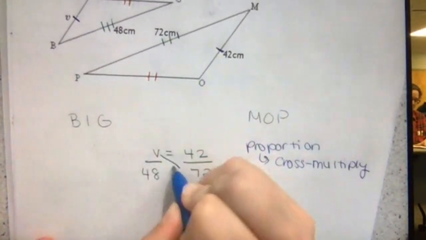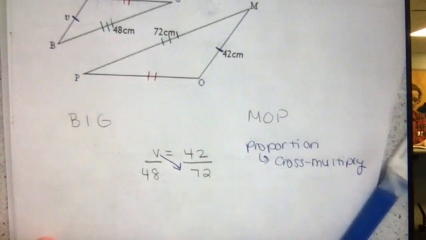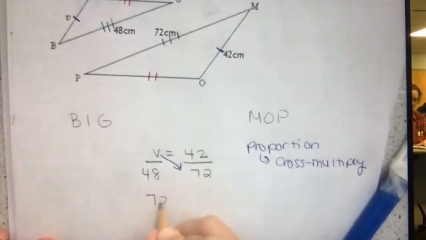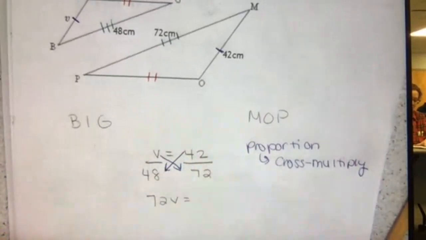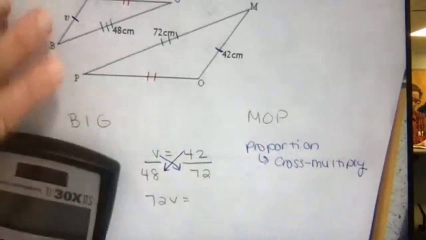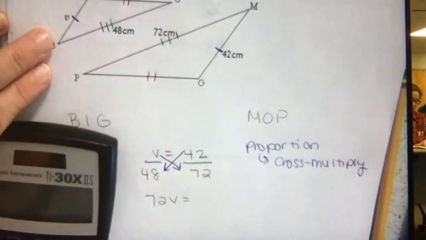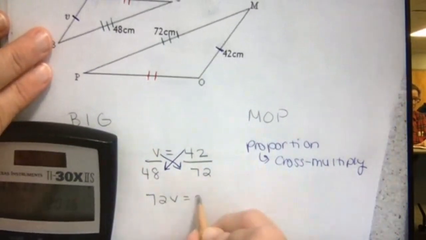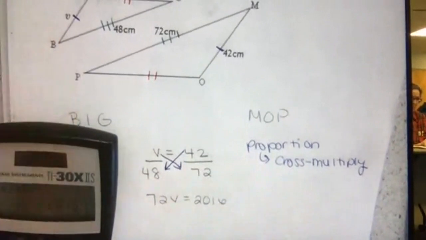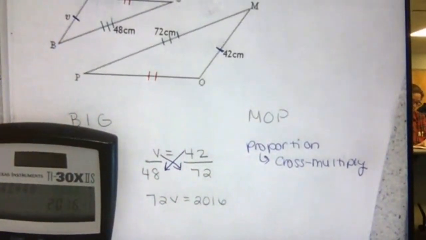So let's do that. V times 72 gives us 72V equals 42 times 48, which will give us 2016. So now I have an equation, 72 times V equals 2016.